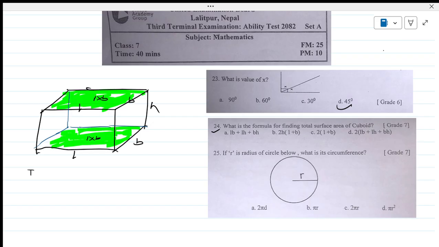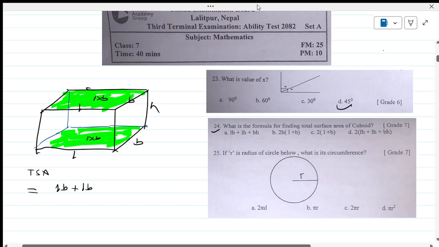When we find the total surface area, I'm using the abbreviation TSA for it. Here we find the LB area for the floor and the L into B area for the ceiling. Those two areas we first add, and after finding the area of the ceiling and floor, we go for finding the area of the walls.